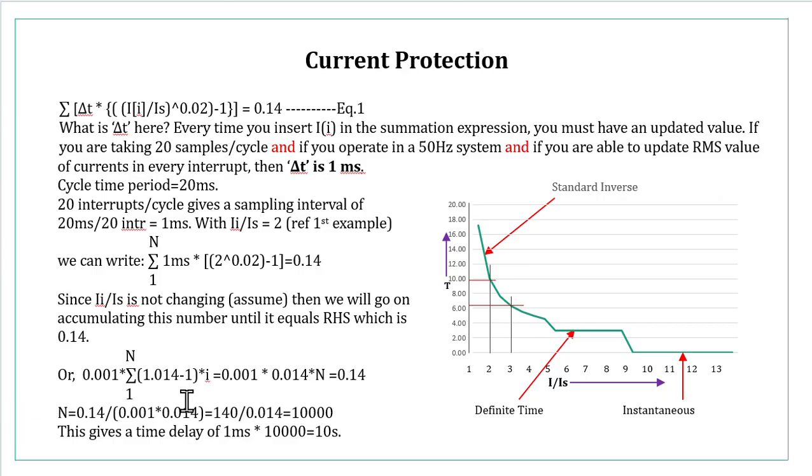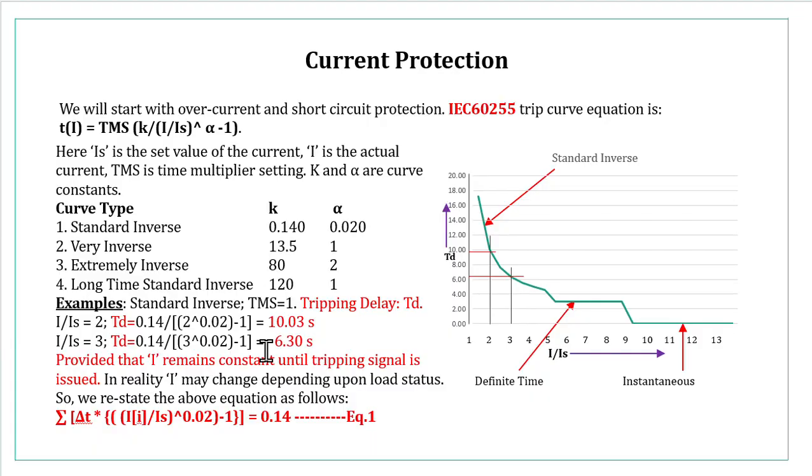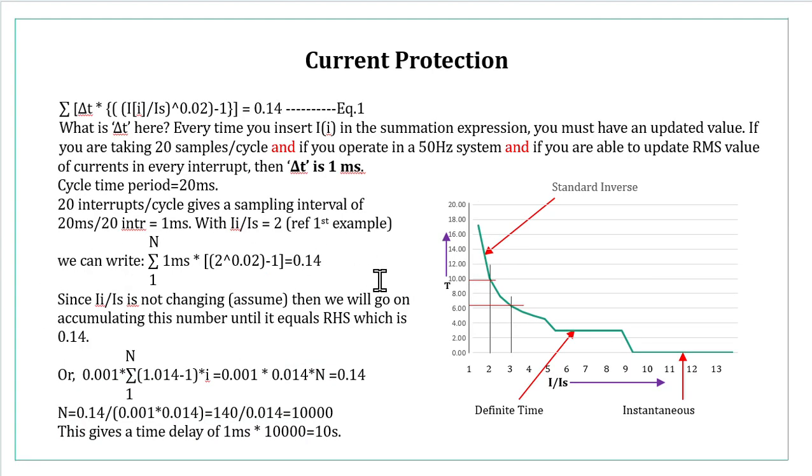So what do you do next? You have earlier obtained the values here, 10.03 and 6.30, and the same value you are getting here.